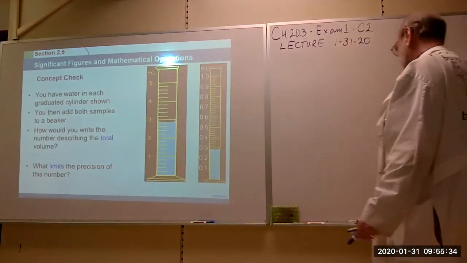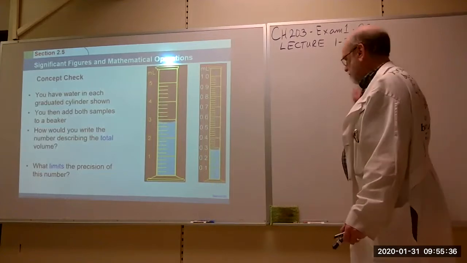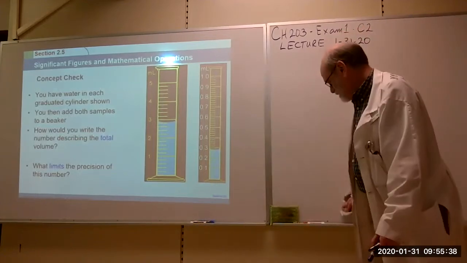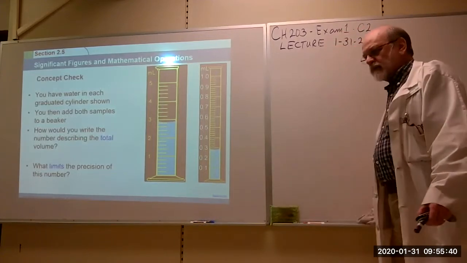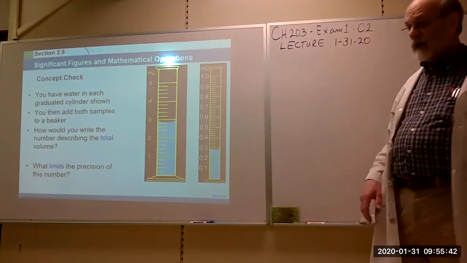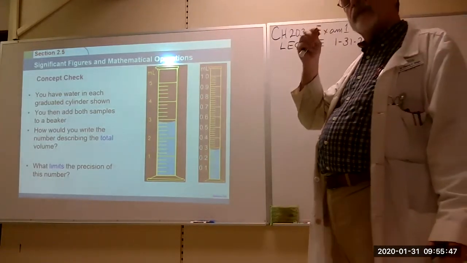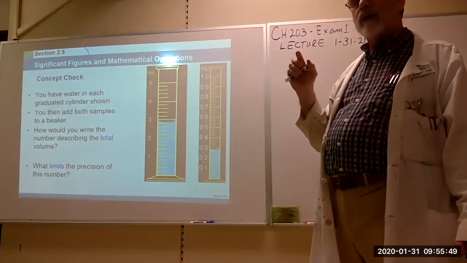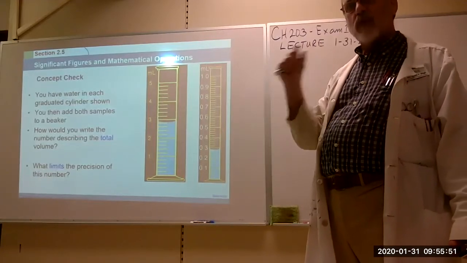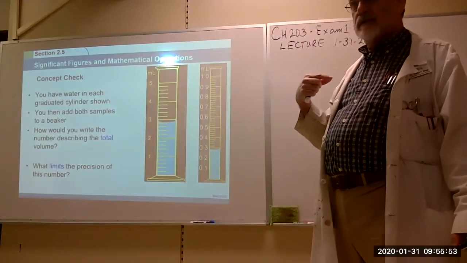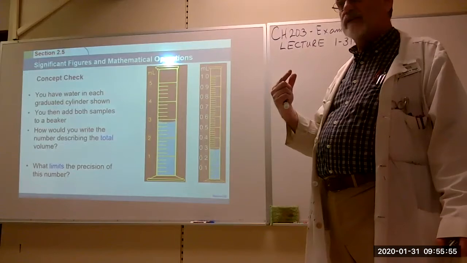Now, what do you do as a practical matter when you're making measurements in the lab and you need to combine values from 2 different measurements, and one of them is measured more accurately than the other? What's the limiting factor?